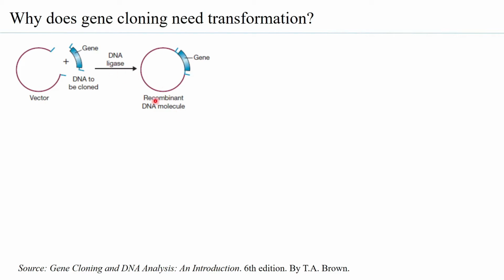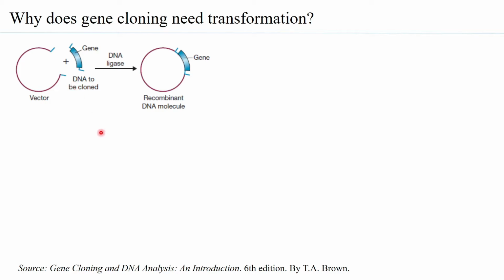At this point, it is also interesting to note that cutting and ligating is not a 100% process, so it is sometimes possible that the vector is inserted not with the gene of interest, but with a DNA molecule that does not contain the gene that we are interested in.